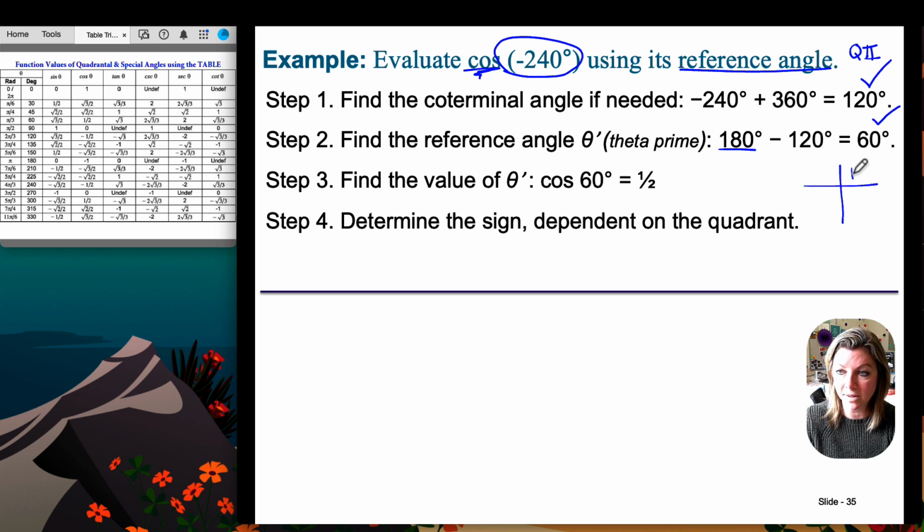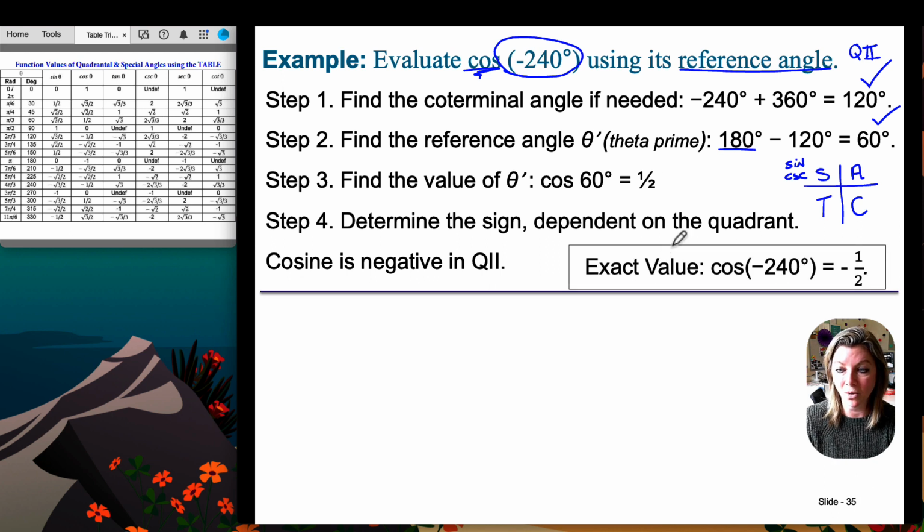And if you're using this clever all students take calculus way to remember the signs of your trig functions in the different quadrants, then you would go to quadrant 2, where the S for all students tells us that sine and cosecant are the only two trigonometric functions that are positive in quadrant 2. Therefore, cosine is negative in quadrant 2, making our exact value of cosine of negative 240 degrees the negative 1/2.